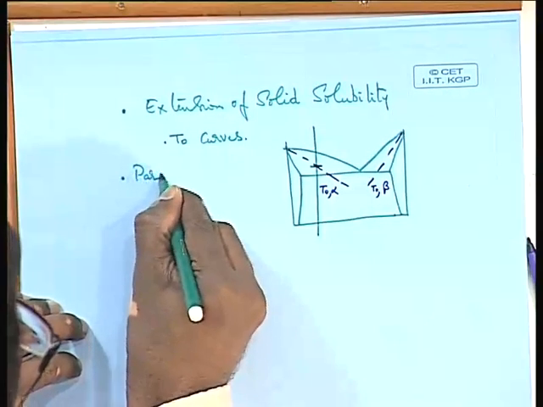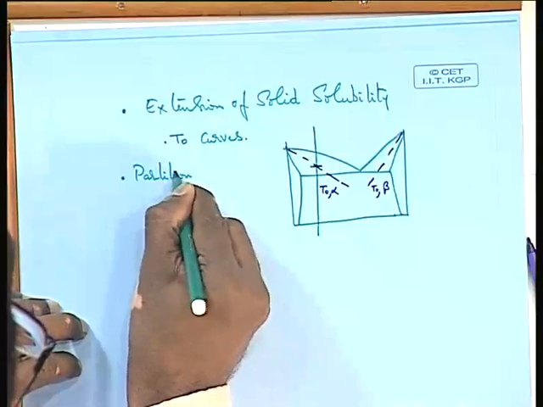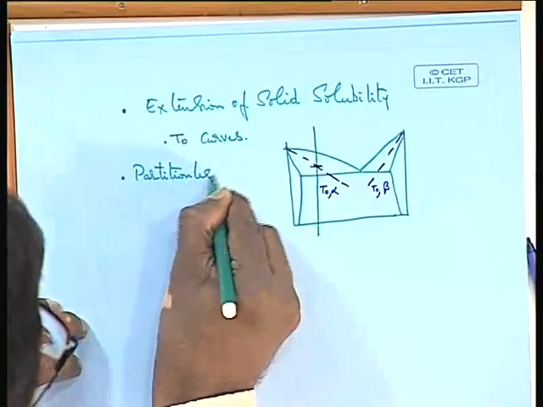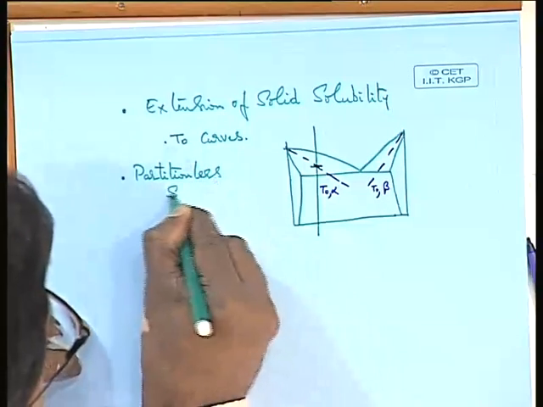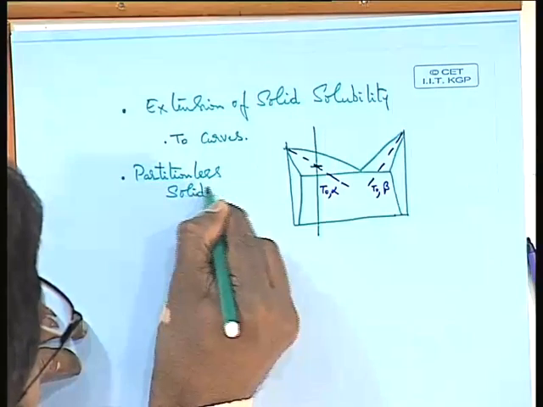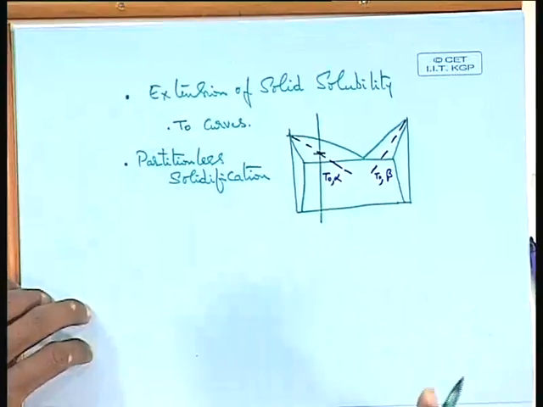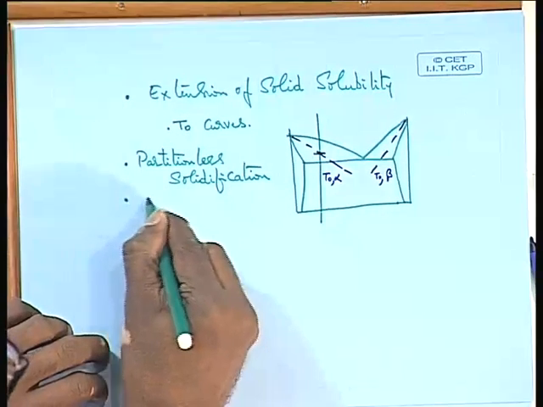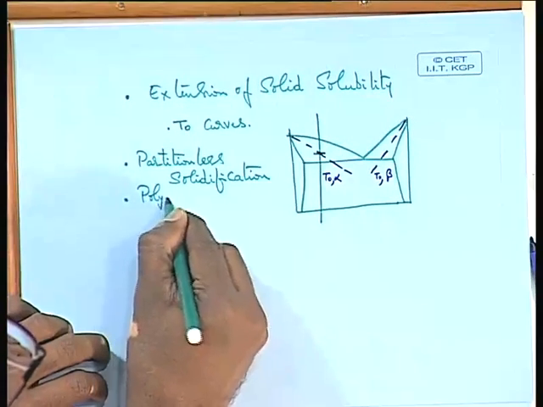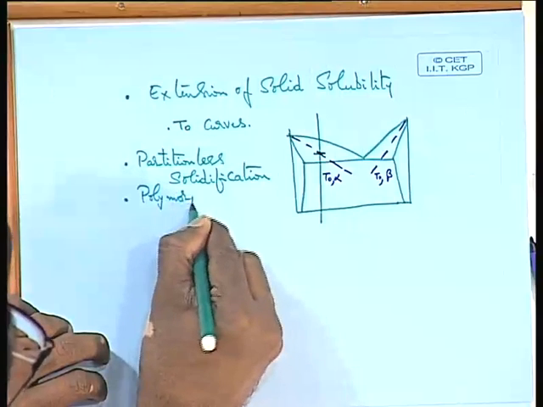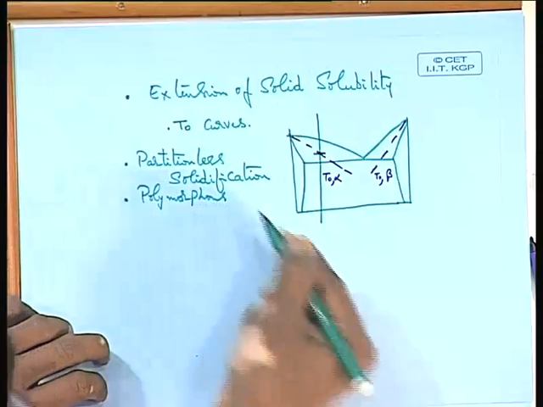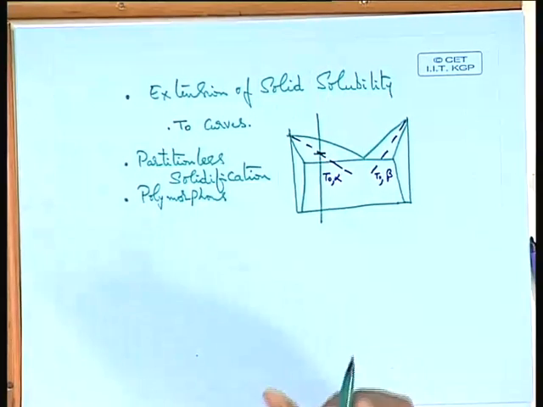We have talked about this probably some time back. It is also called polymorphous solidification. But mostly partitionless solidification is the regular term that is used, because polymorphous transformation can be used for any type of transformation.